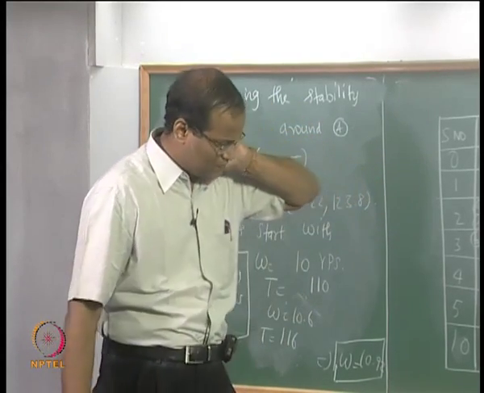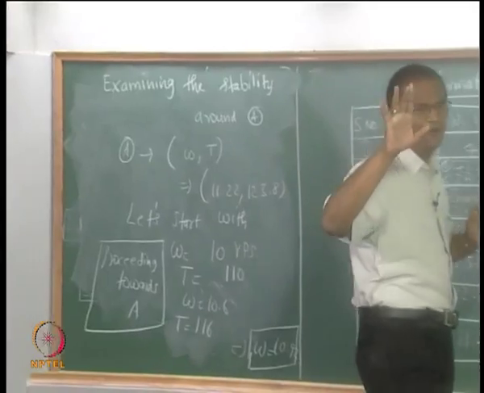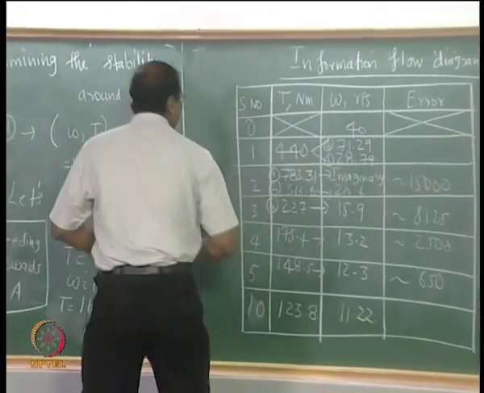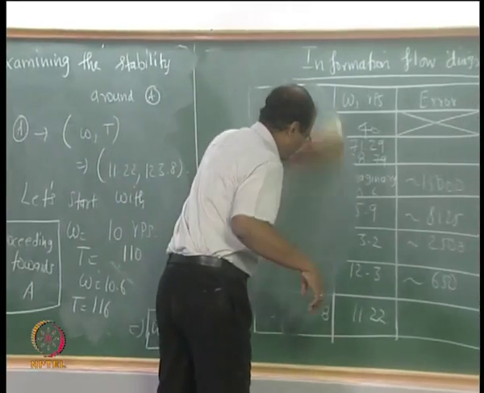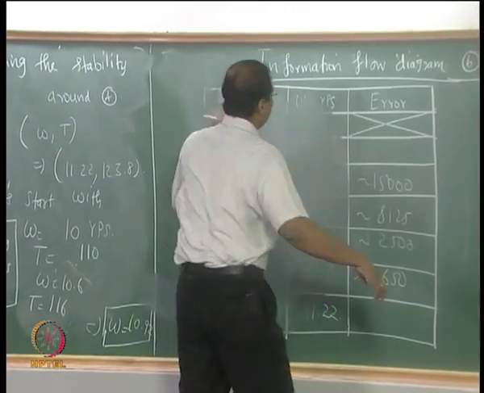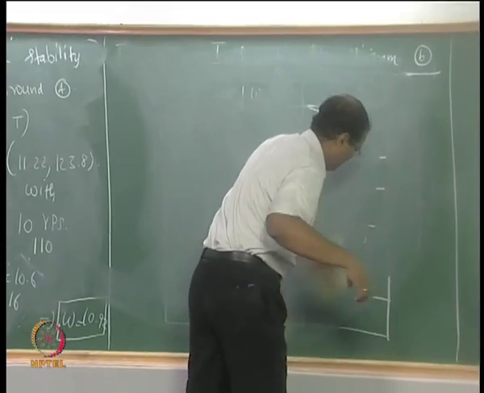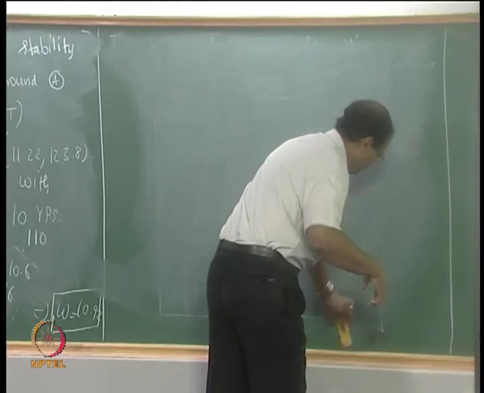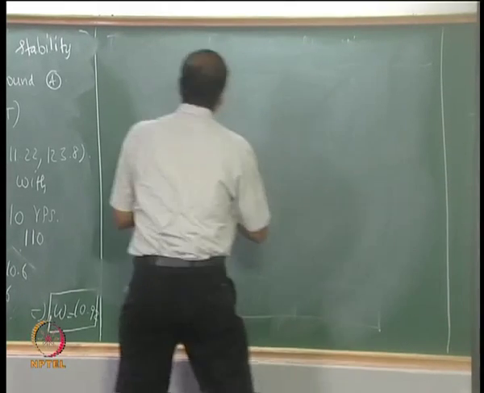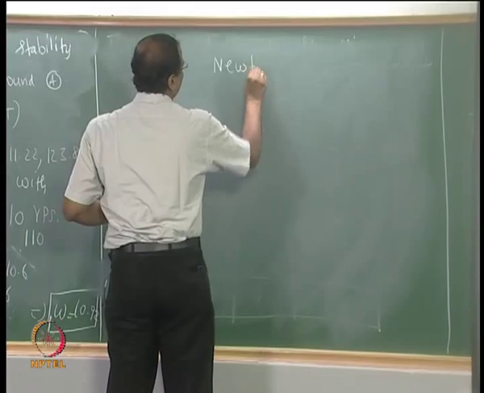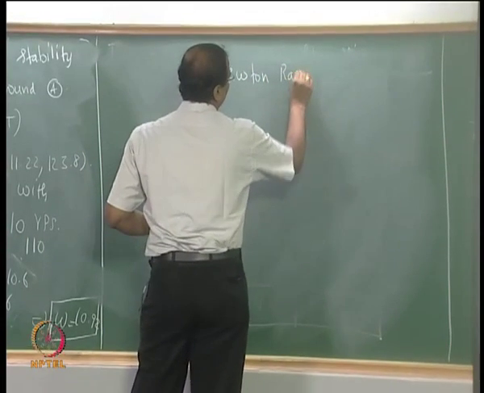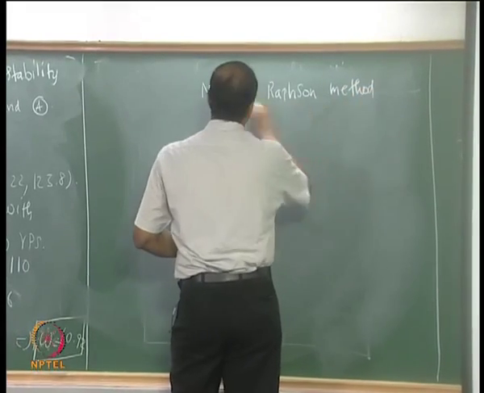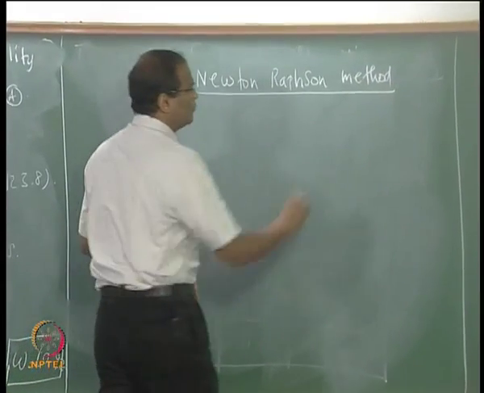Okay. Anyway, I will just take a minute and graphically tell you what the Newton-Raphson method is, and then in the next class we will work out the algorithm. Now let us consider y is a function of x.